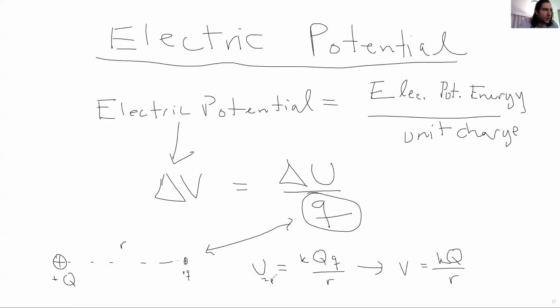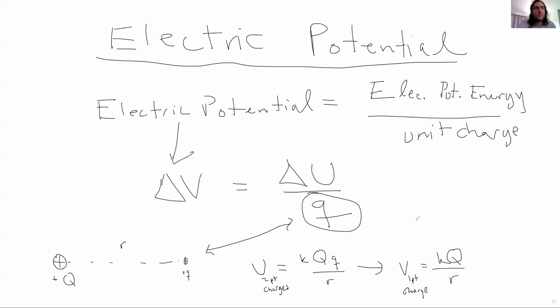This side is like 2 point charges, but over here we don't need 2 point charges. This is just for 1 point charge. So when we're talking about electric potential, we only need 1 charge. Electric potential energy, we need at least 2. But if we have 1 charge, we can talk about electric potential.